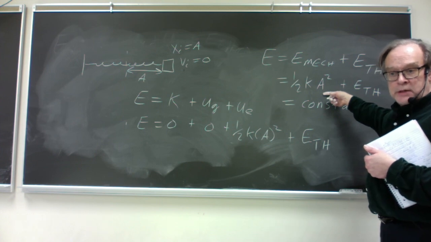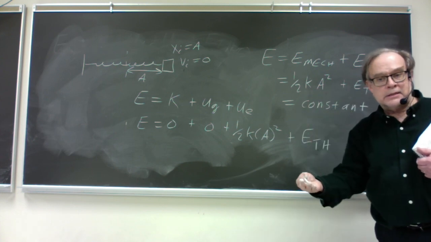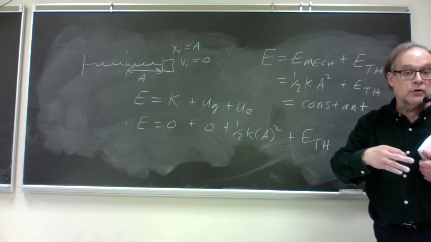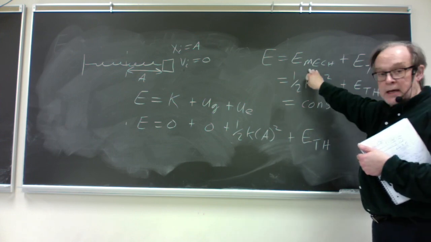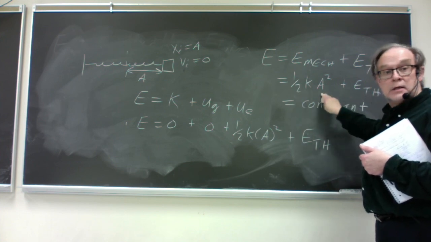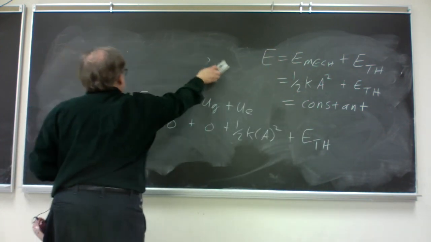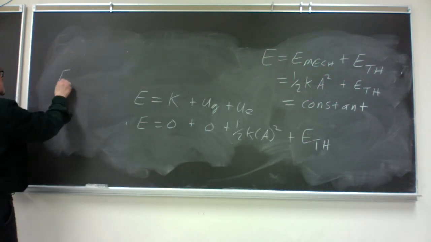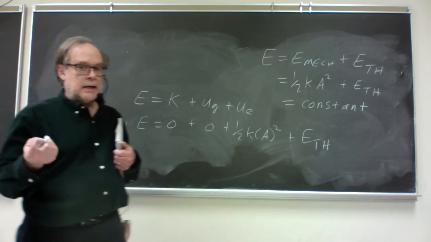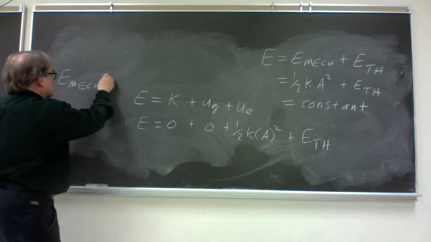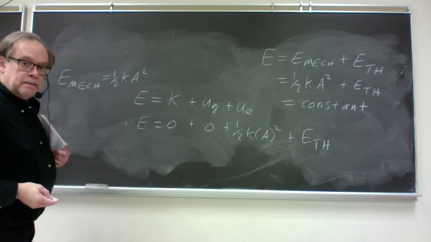And at other points in the oscillation, there can be less potential energy and more kinetic energy, but that sum of kinetic plus potential, in other words, the mechanical energy, will always be equal to this number. So in other words, the mechanical energy is constant, and you could calculate it that way.